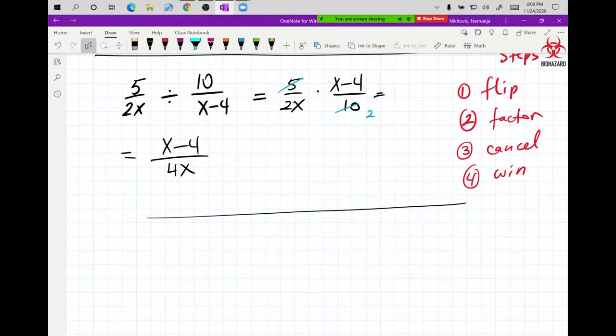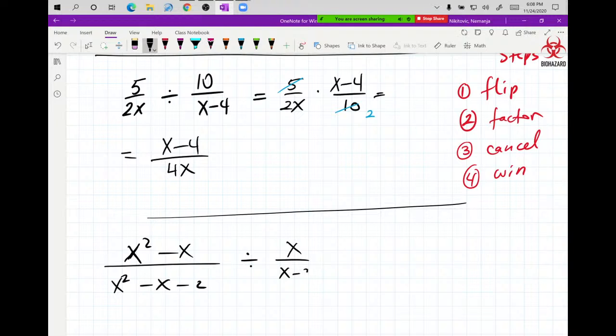Another division problem. This one is spicier. x squared minus x divided by x squared minus x minus 2 divided by x minus 2.